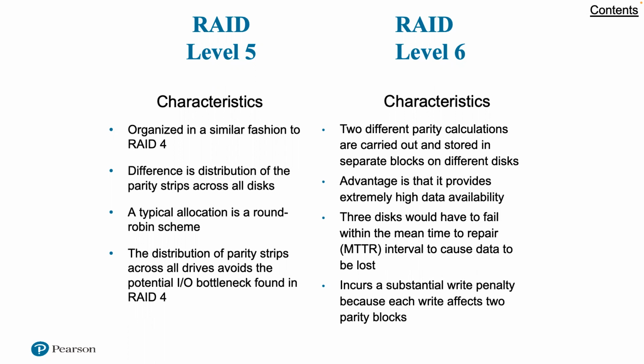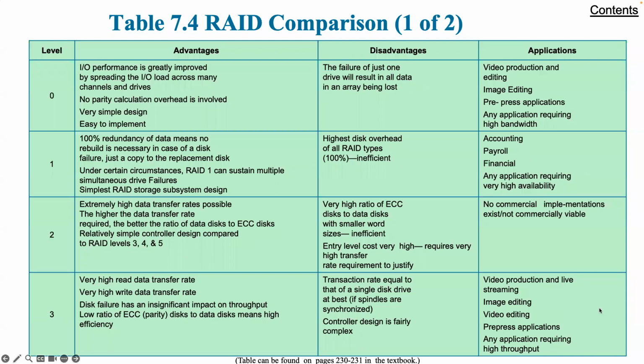So very high data availability. It incurs a substantial write penalty because each write affects 2 parity blocks. So here we saw the differences for level 5 and level 6. That's a quick summary of those, and we'll continue on here.